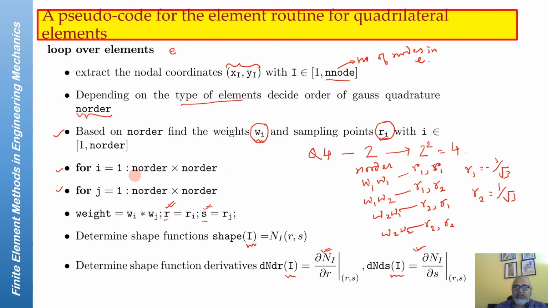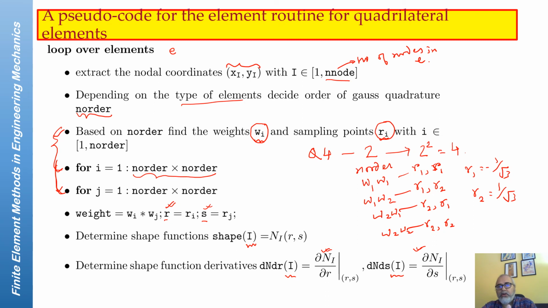So this loop will go from 1 to 3 in case of second order Gauss quadrature, and not from 1 to 4. So you will have to do these steps differently in case of triangles, and other than that, everything remains exactly the same.